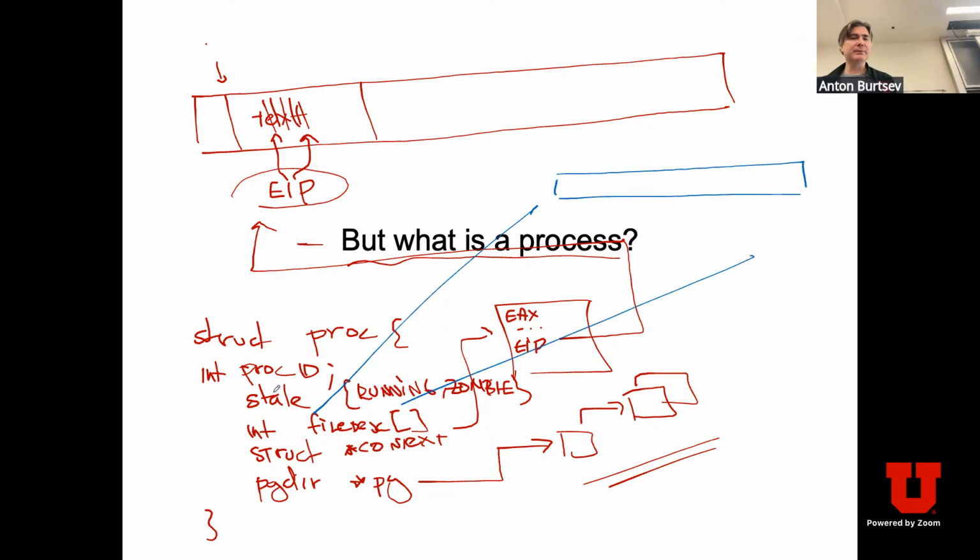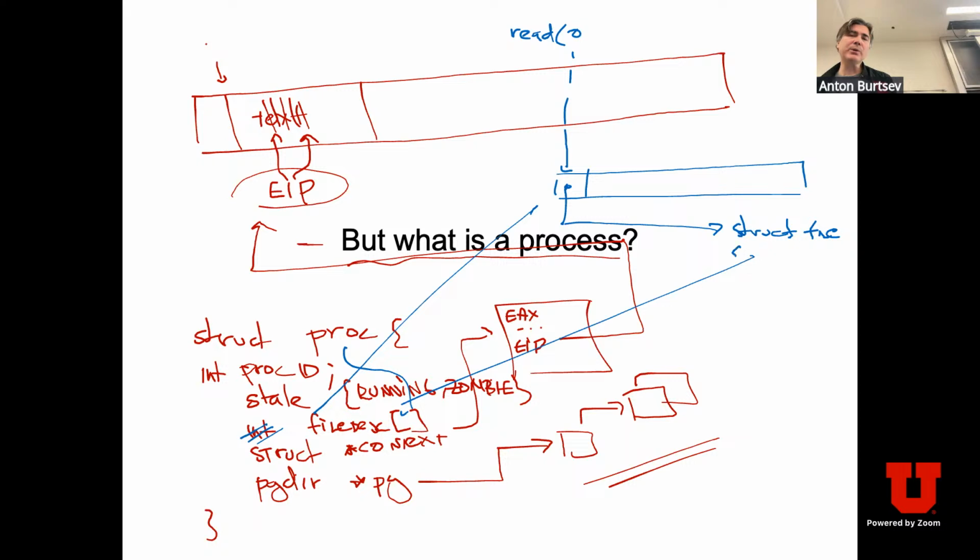I said array of integers, that's wrong. The integer will be an index in a file descriptor table. So the user will provide, when you do read 0, right? You will index into element 0, but here will be a pointer to another data structure, struct file.